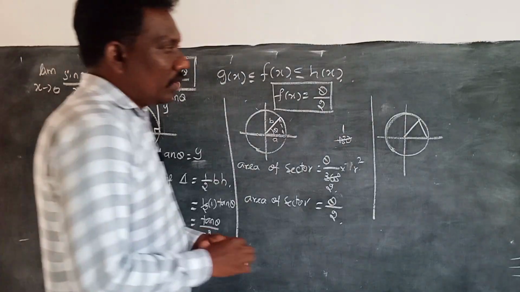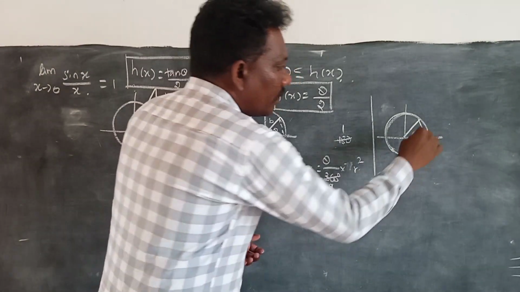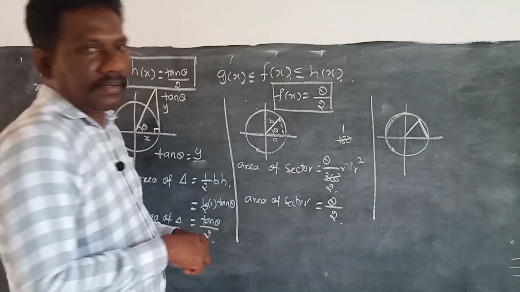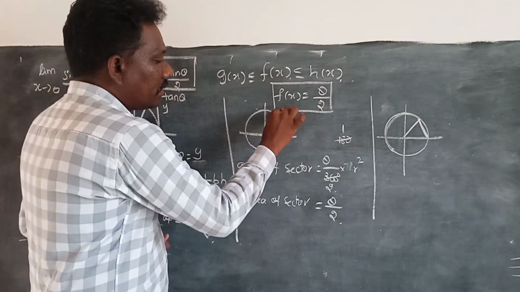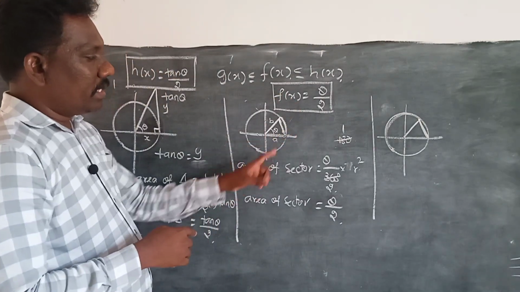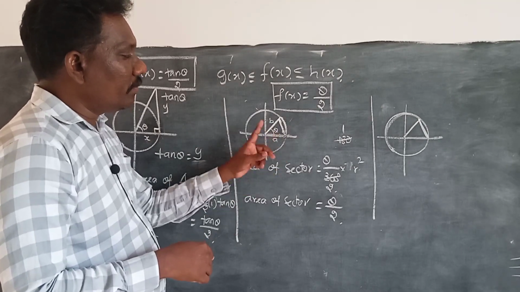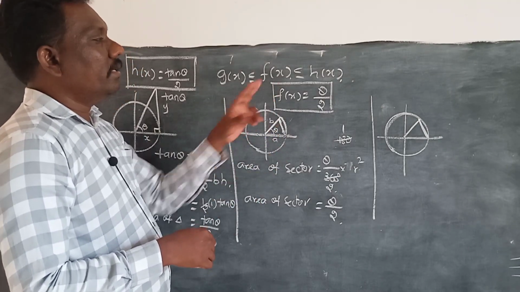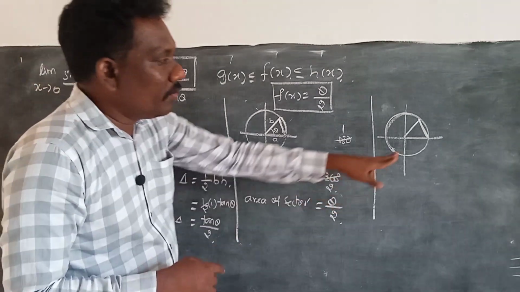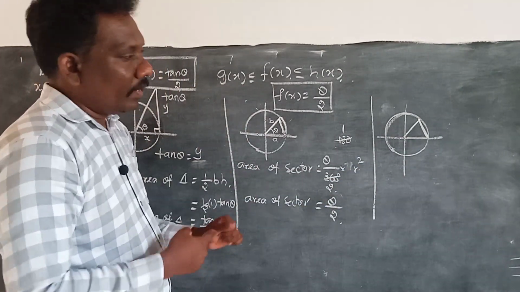See, my sector is slightly greater than my isosceles triangle here. This is my sector and this is my isosceles triangle, which is less than the sector. Then my g of x is going to be smaller than the function f of x. So I am going to use an isosceles triangle as my g of x.